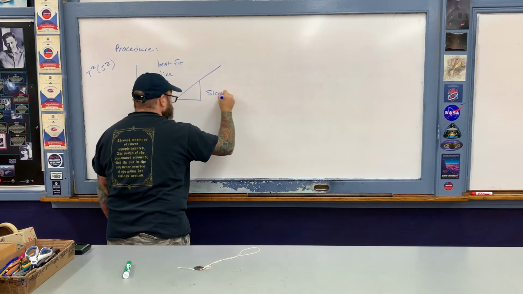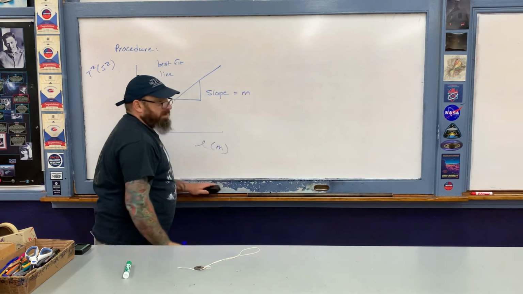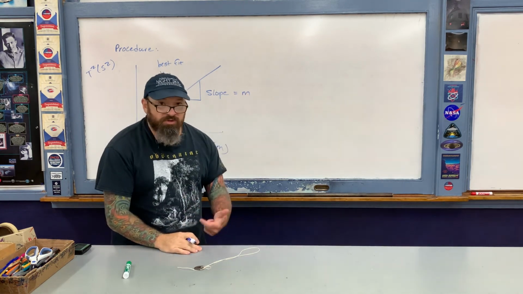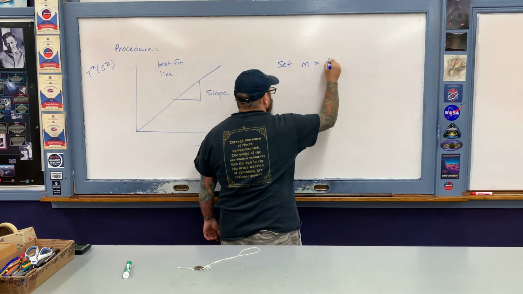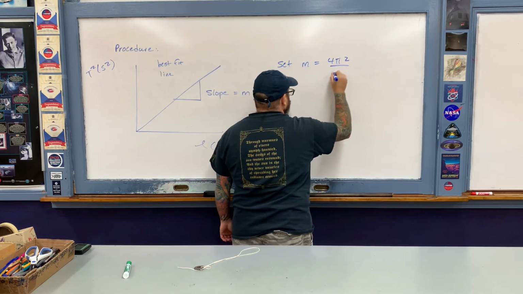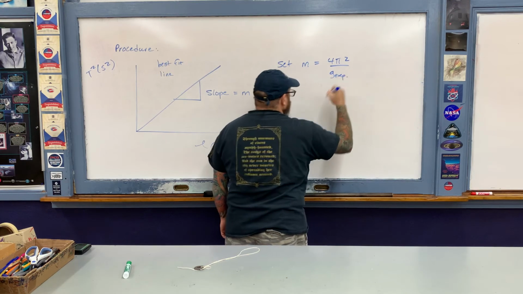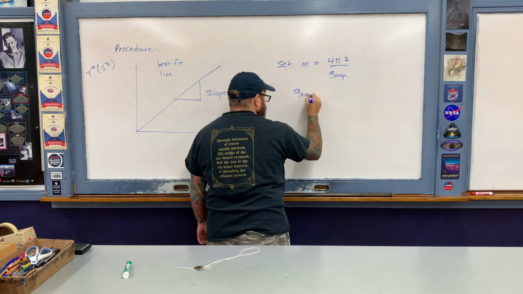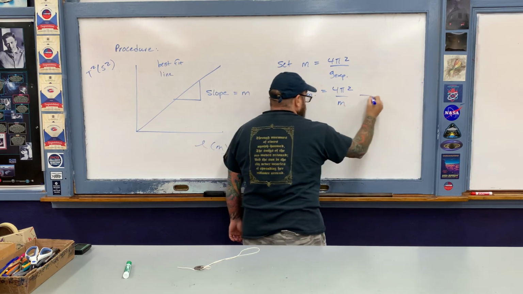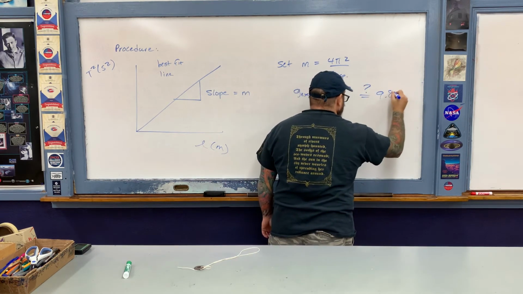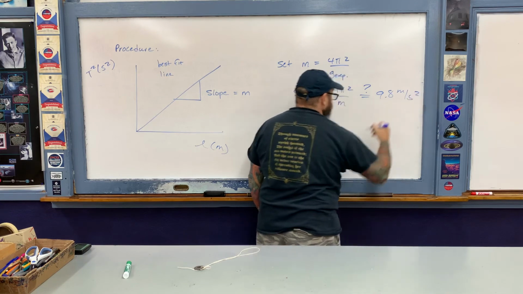I'm going to call the slope m. In theory, your slope should be equal to the following quantity. You set your slope m equal to 4 pi squared over what we'll now call g experimental. Go ahead and solve for g experimental. It's equal to 4 pi squared divided by your slope. Of course, in theory, it should be equal to 9.8 meters per second squared.